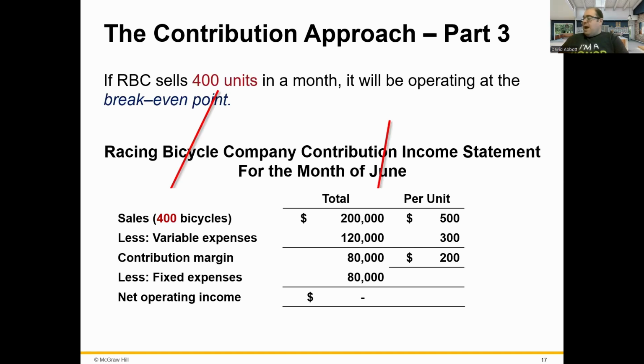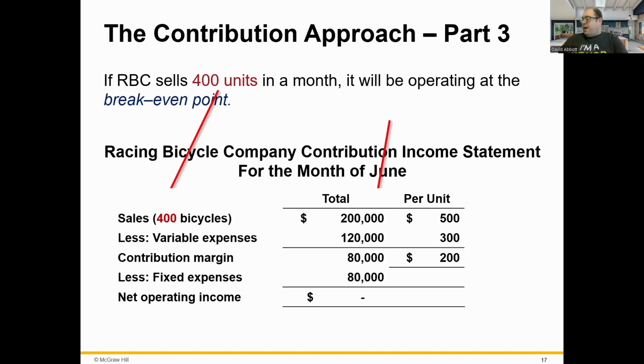So let's see what would happen if RBC only sold 400 bikes in the month. If they were to do that, they would be operating at the break even point, meaning that after they paid their variable expenses, they would have exactly 80,000 left over to cover their fixed expenses, but then they would have no operating income.